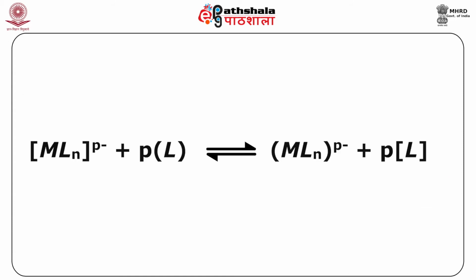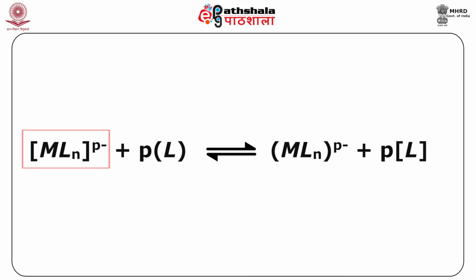The following equilibrium is then established for the ion exchange reaction, in which p ligand ions bind to the resin and displace the anionic ligands already bound to the resin.